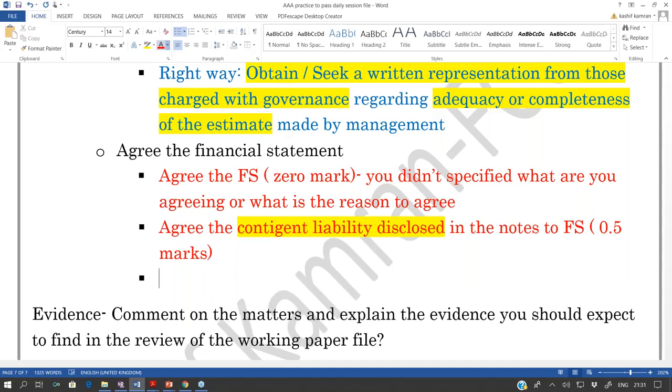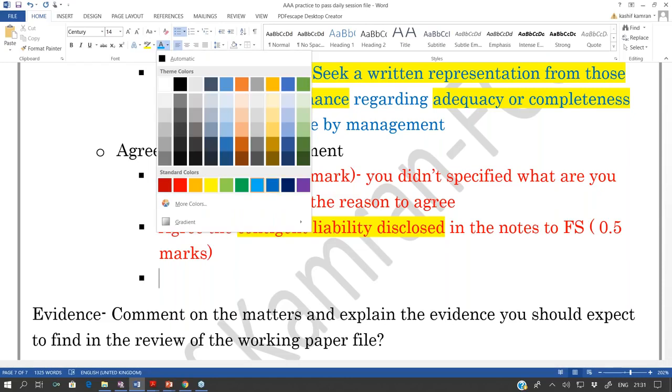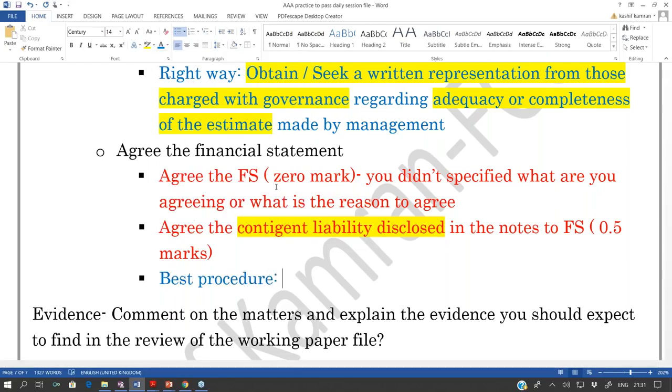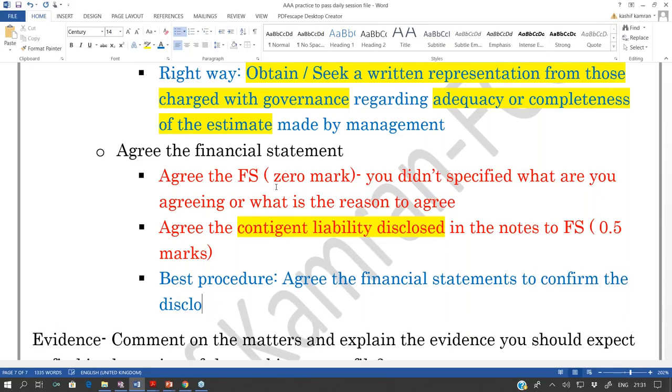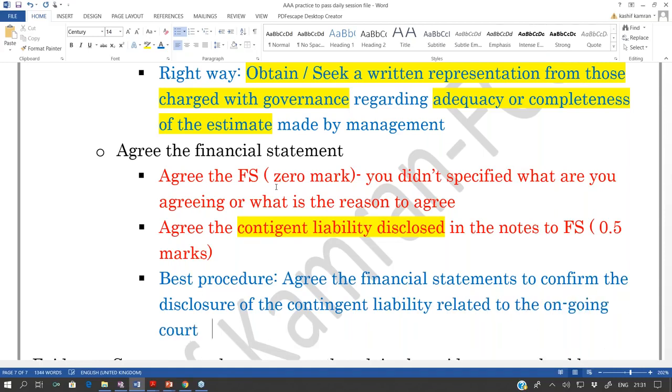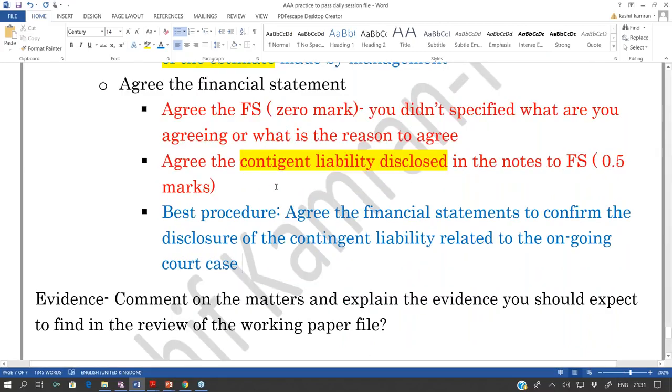And then you come back with the best procedure. The best procedure to agree the financial statements would be: agree the financial statements to confirm the disclosure of the contingent liability related to the ongoing court case where the injured party has claimed $10 million.